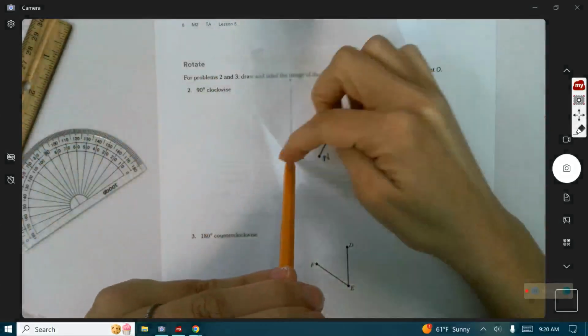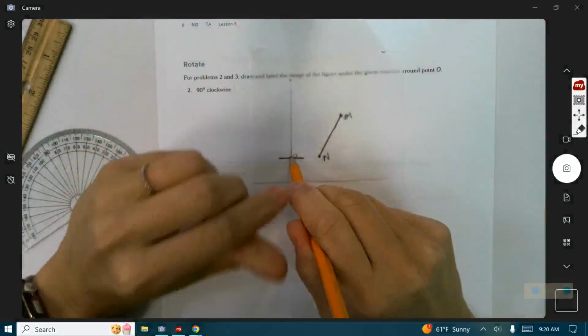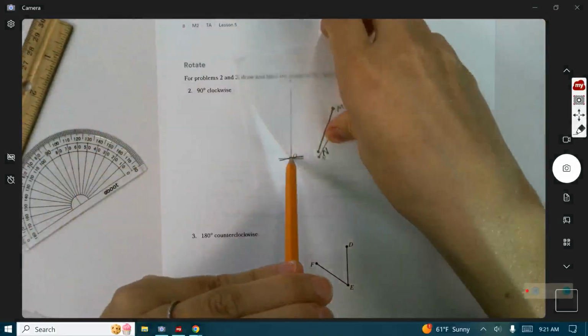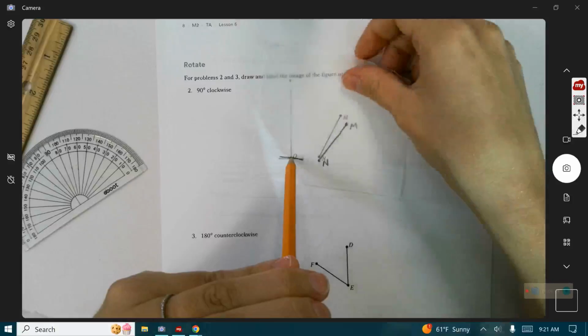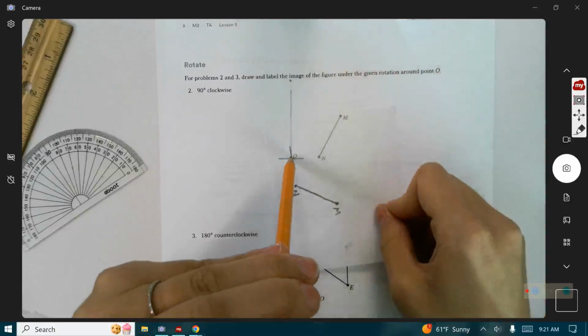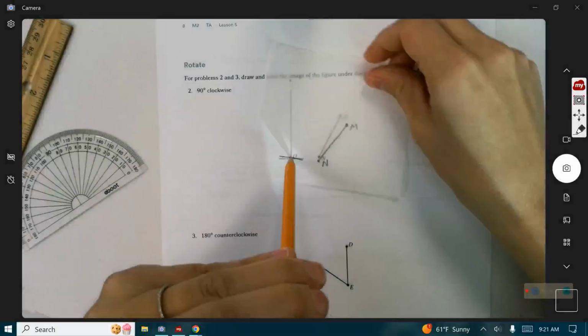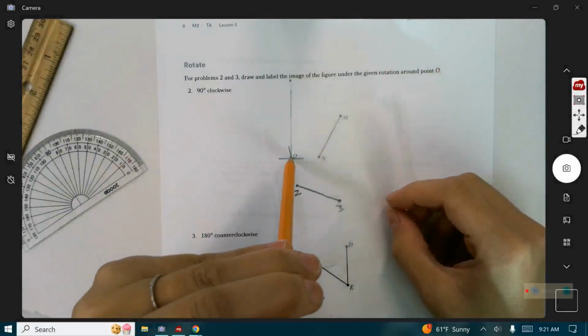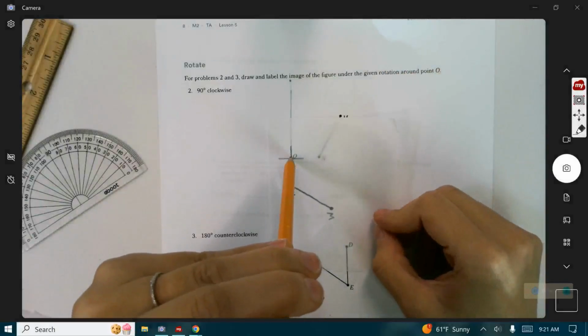Now this little line through O is going to tell me when to stop. I want to turn it clockwise until that line lines up with that 90-degree angle that I drew. So we're rotating that original line through O until it lines up with the 90-degree angle that we drew.